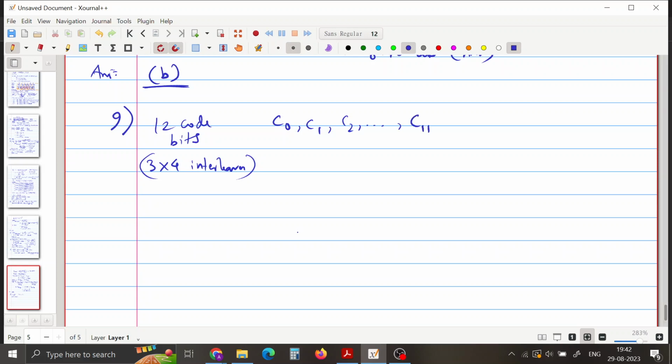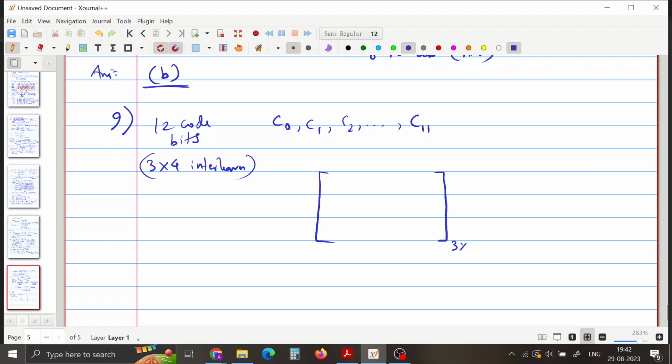Now what my interleaver does is, there will be a 3x4 matrix, like this.